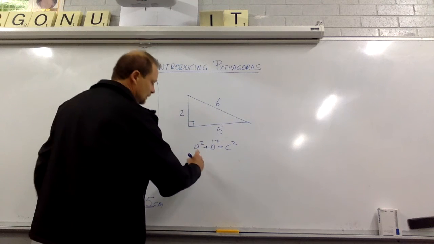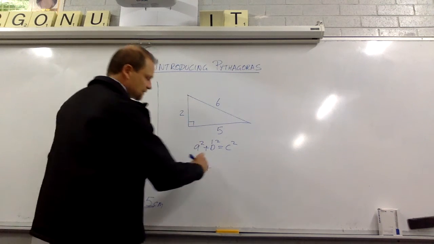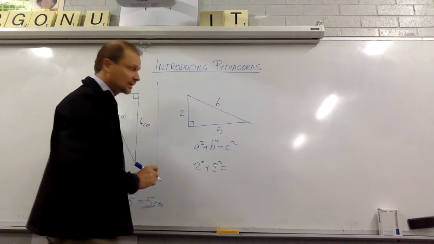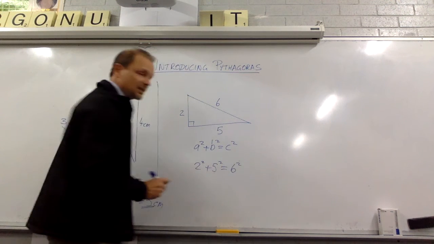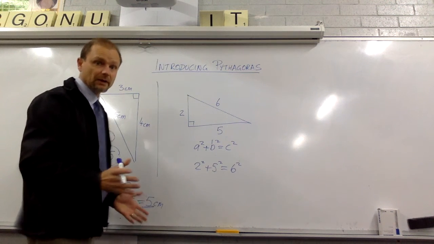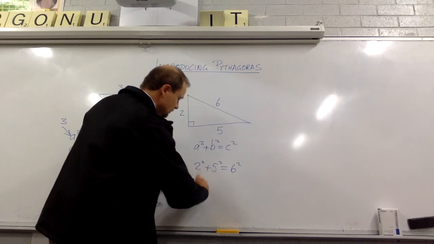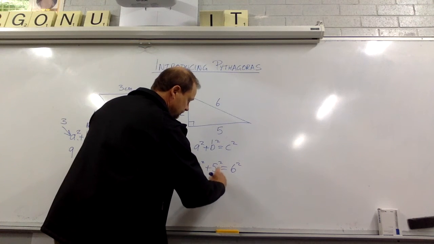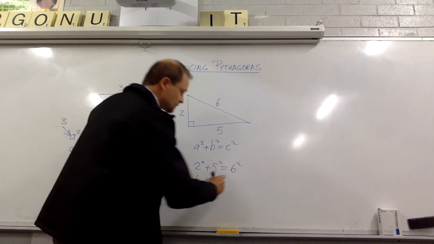So 2 squared plus 5 squared equals, well, the 6 is there as the hypotenuse, 6 squared. Now, is it true? Let's find out. 2 squared is 4. 5 squared is 25. 6 squared is 36.